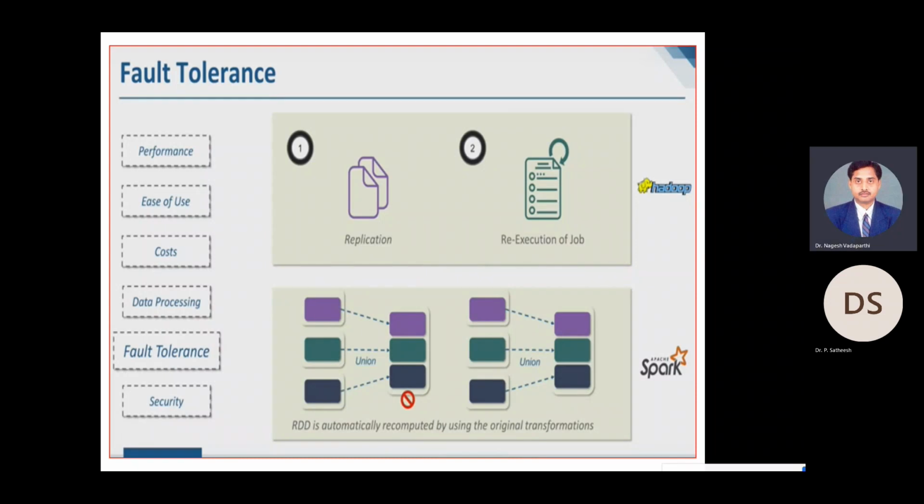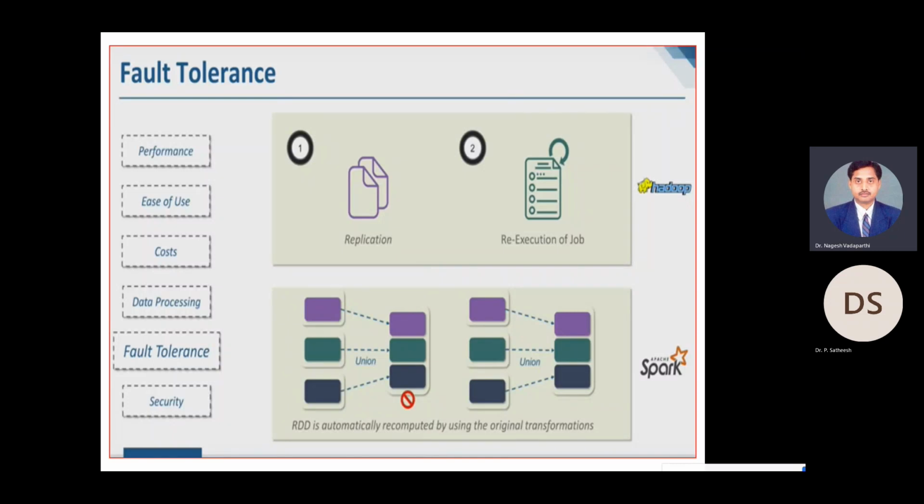Whereas in Spark, RDD is automatically recomputed by using the original transformations, so it replicates itself. The replicate function is available in Spark, and replication is also there in Hadoop, but it takes time while processing in Hadoop with the help of disk processing concepts.